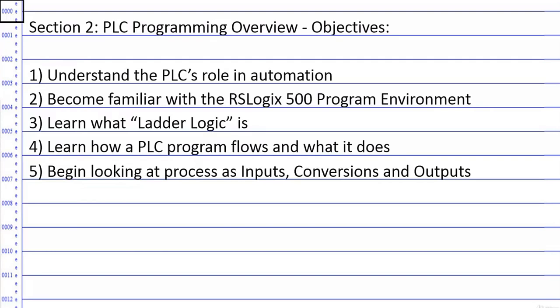You should feel pretty comfortable looking at the RSLogix 500 GUI, Graphical User Interface. You should know how to navigate around the program a little bit. When I click into a program file and scroll down to rung 10, you shouldn't be too lost. You should know basically where I am, how a program flows.